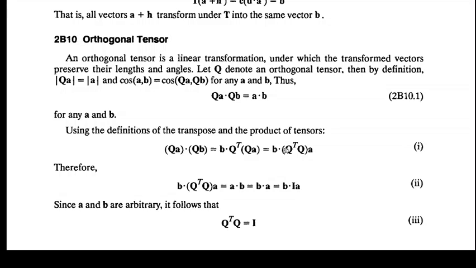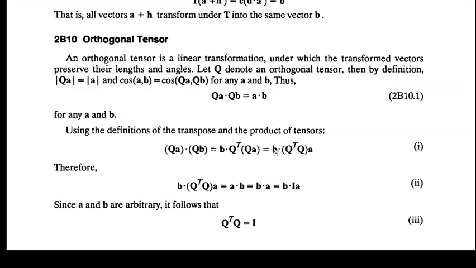Now we have written this side as B dot Q transpose QA. How is this equal to A dot B?